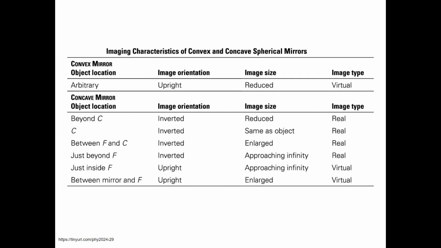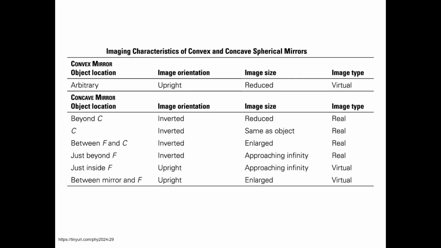Now for a real image, it could be reduced in size, it could be enlarged. Or at some extreme locations, for example, if the object is sitting at the center of curvature, then the image will have the same size as the object. You can draw this if you have a good drawing, and you can see that.